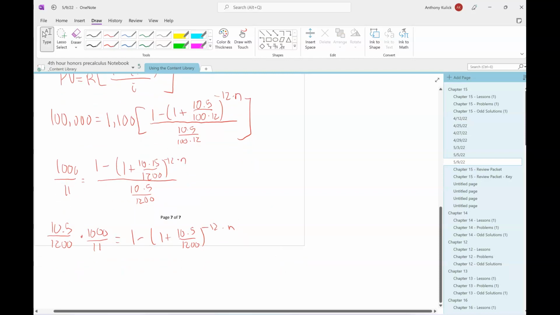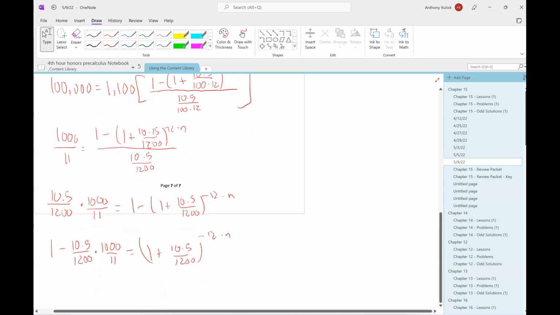Okay with that? And I'm going to subtract the 1 over and then multiply by a negative, and I'm going to do that all at once. That's why the signs look like they're the opposite of what we'd expect. Is that okay?